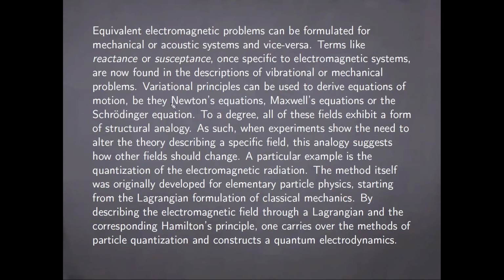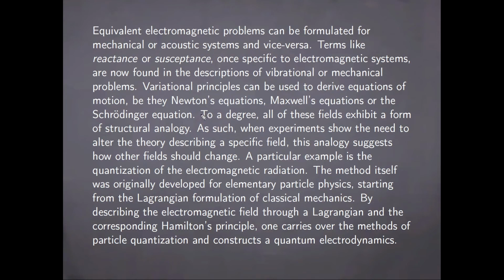So as a comment here, we have seen that Newton's equations follow from Hamilton's principle. Likewise, Maxwell's equations follow from a classical action principle, but Schrödinger's equation can be derived from a quantum mechanical version of Hamilton's principle.